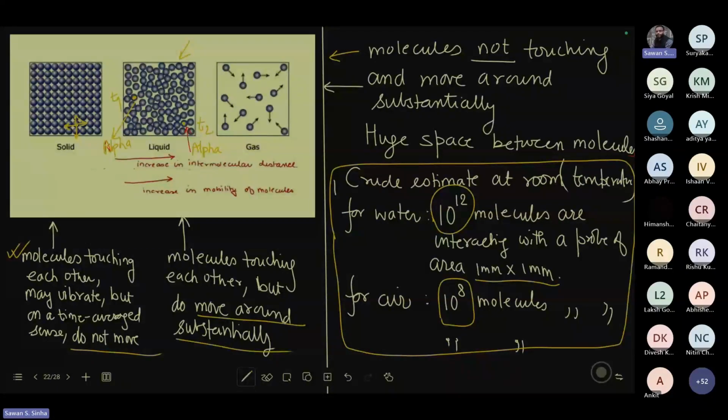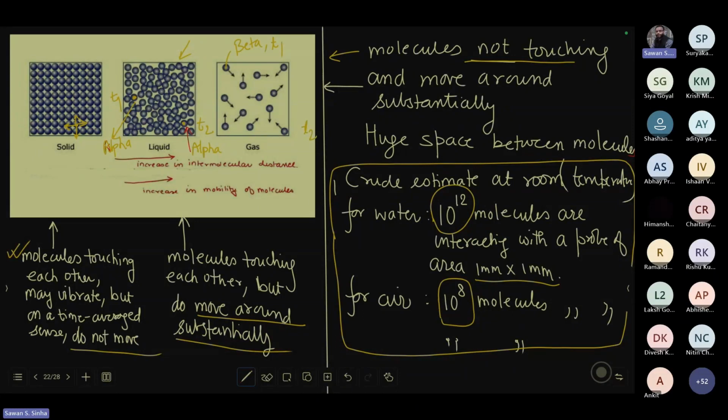So that's what I am saying. They are not touching each other most of the time, and they move around indeed substantially. Again, if this is the beta molecule at T1, you come back at T2, beta molecule would have moved very far.